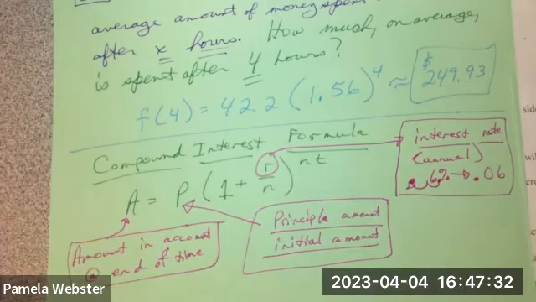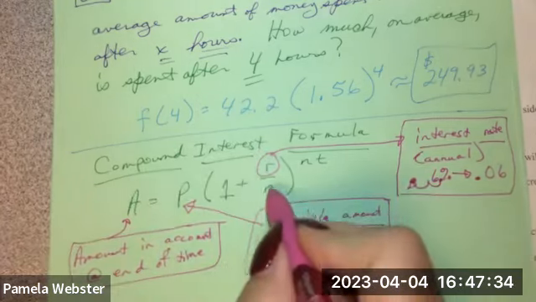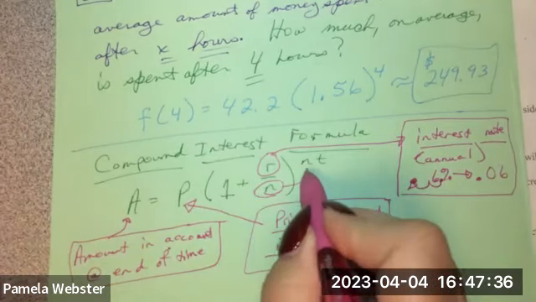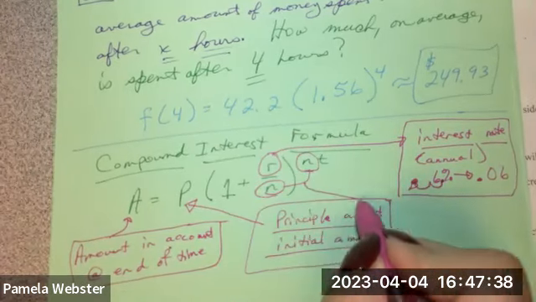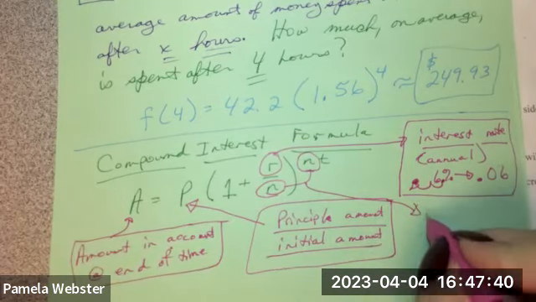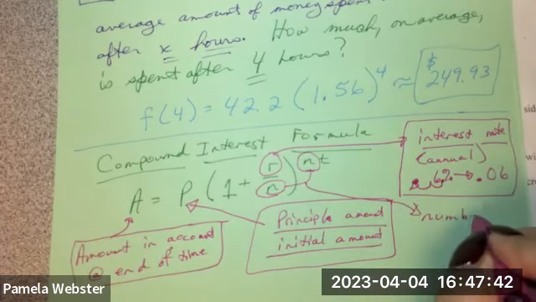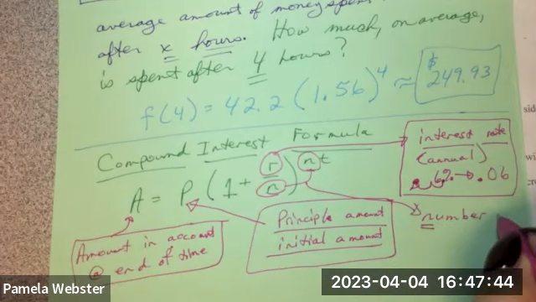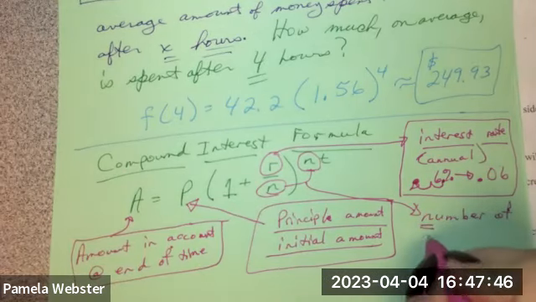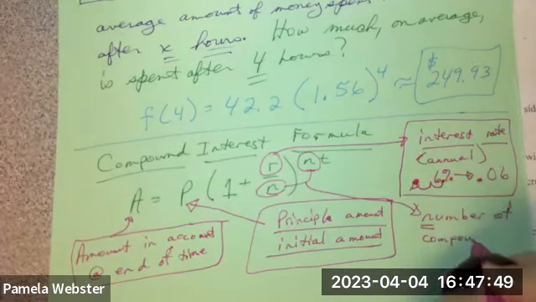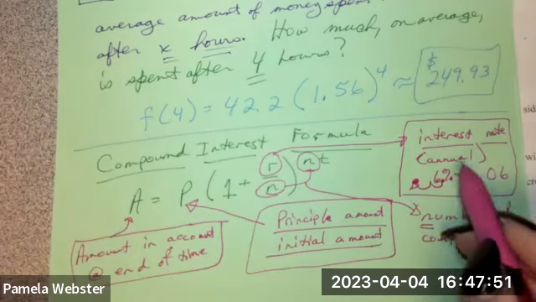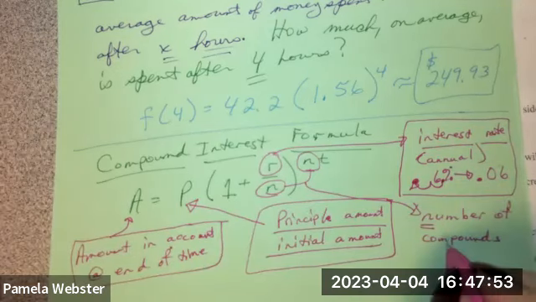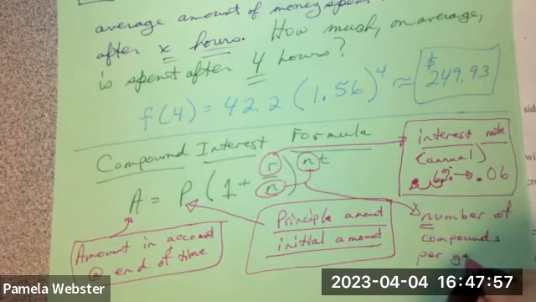Okay. So I'm going to use this N here, and I'm going to tell you that this N and this N are the same N's. So let me come out here. N stands for number, and it's for number of compounds. And because our interest rate is annual, this is going to be number of compounds per year.